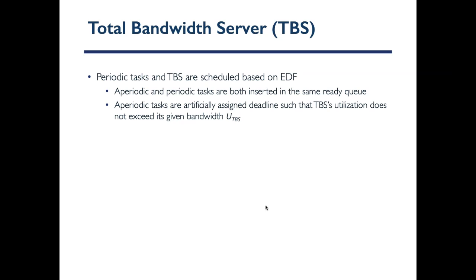You set the deadline such that your system is not overloaded, basically maintaining the schedulability of EDF. So this way, your aperiodic task will be treated as a periodic task with an artificial deadline, and the system still maintains its schedulability.